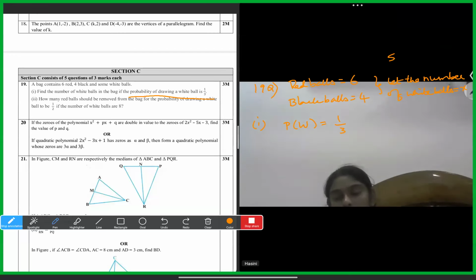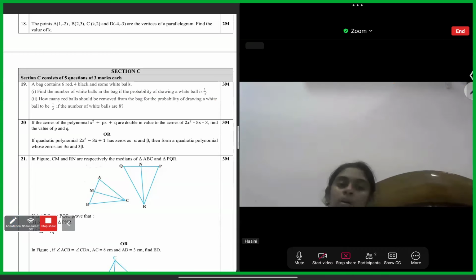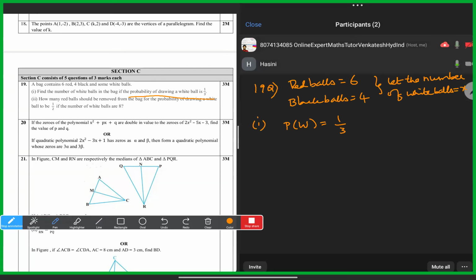So generally, if the probability of white balls is asked, we take the number of white balls by total balls. They gave the probability of white balls already, but the white balls here are x, not 5. So we'll frame the equation now. The formula is the number of possible outcomes of the white ball by total balls.